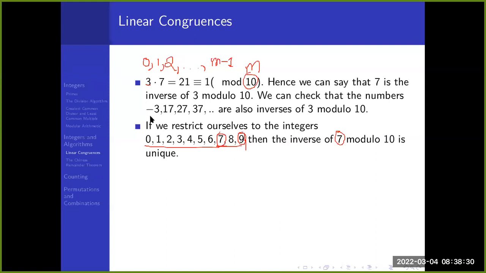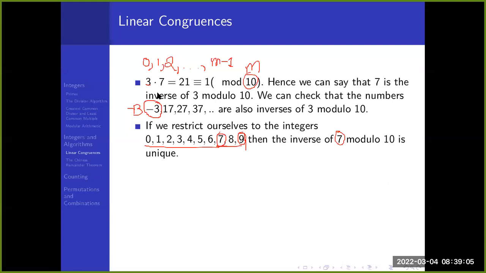Now, the other thing you will notice, even the negative numbers are okay, because the next number that differs from 7 by 10 to the left will be negative 3, right? Then you can also have minus 13. Is that correct? Yeah, I think it's minus 13.